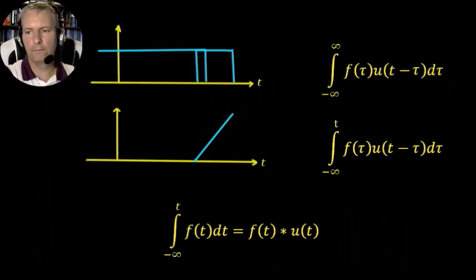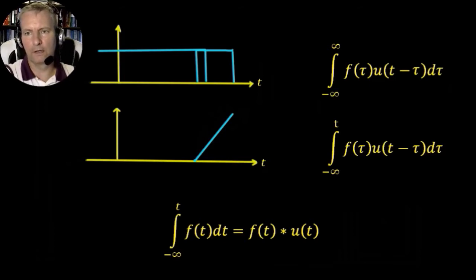Now the problem I have with this is that this function here, u of t, goes off to infinity in the negative direction, so as it passes over, there's always going to be an area of overlap because it just goes on forever. So that would mean that this point here would just continue up and up forever. Now we don't want it to do that. We want it to stop at a certain point.